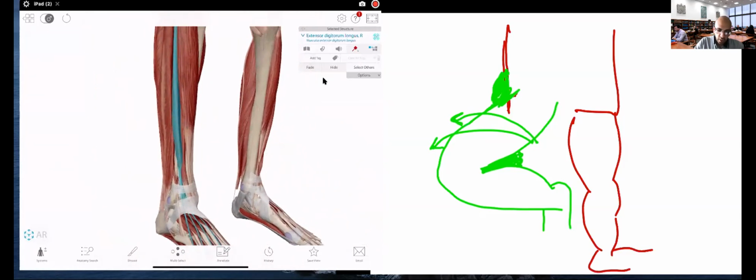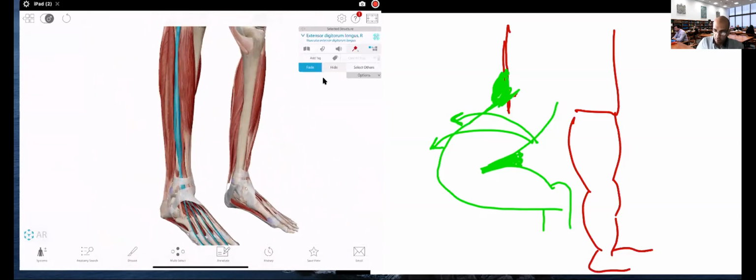Try to imagine your foot as if you are standing on your hands, like this. So this is the flexor or the extensor side of your wrist joint.